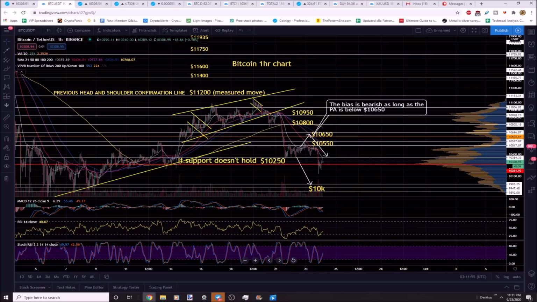Okay, but notice you get a move to the downside here, and it's not very big. Then here's a sell signal, and you have a move to the downside which is almost twice as big as the last one. So it's kind of hard to quantify how big the move is actually going to be.